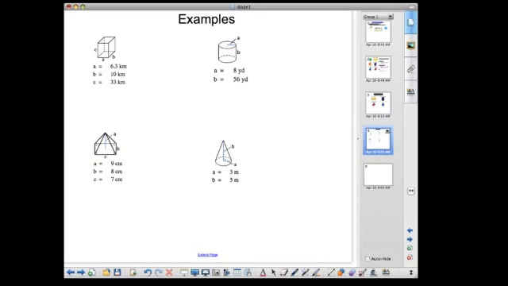So the volume of a rectangular prism is length times width times height, or again, the base times the height. So if you substitute any of these values, you can say I have 6.3 times 10 times 33, and that will give me the volume of my rectangular prism.